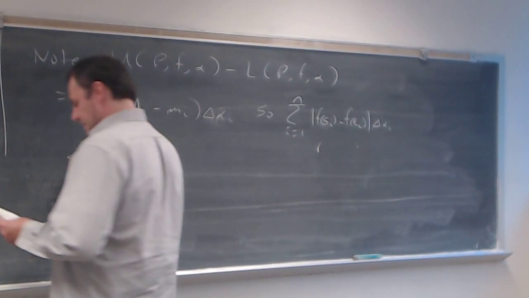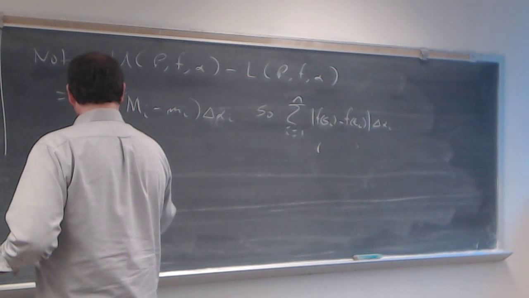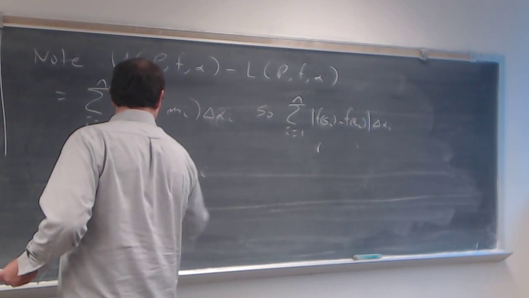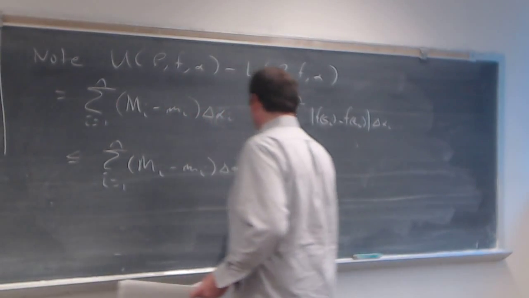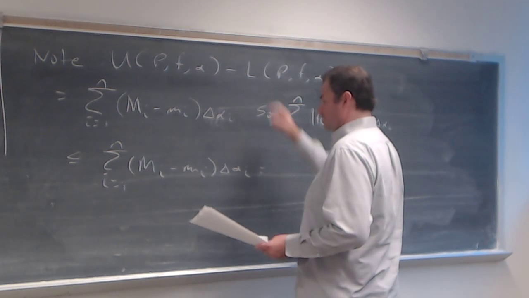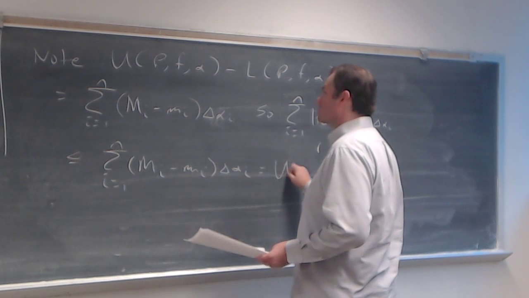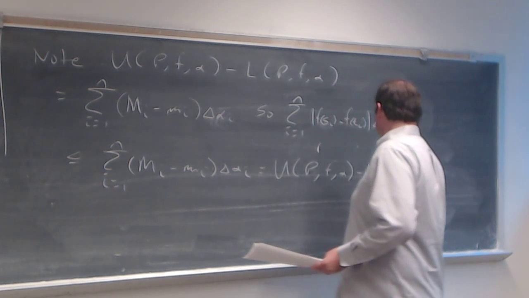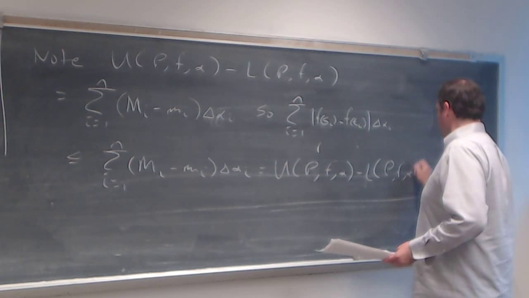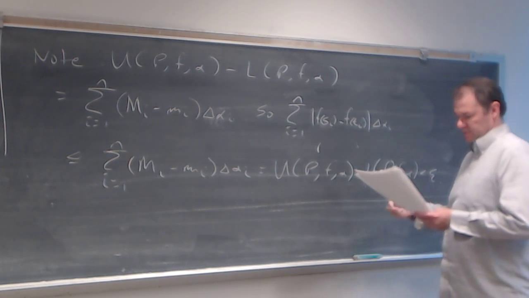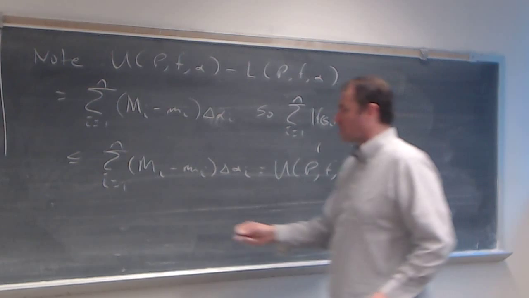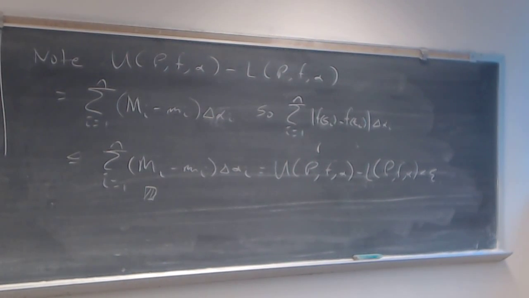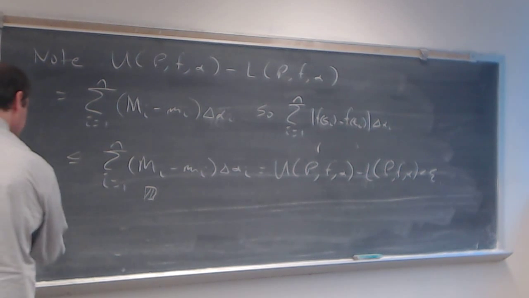I'm going to get that it's less than or equal to this sum here, and that's equal to the upper sum minus the lower sum, which we know to be less than epsilon. So that proves what I wanted to for part B.